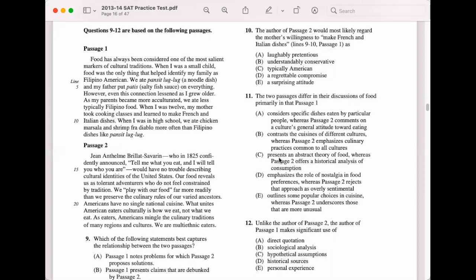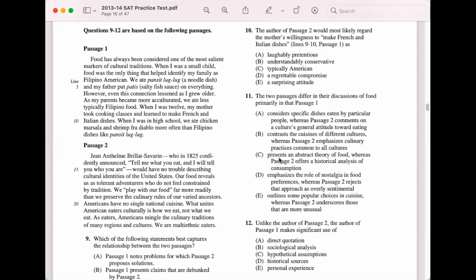Okay, so the first passage is kind of describing the changing cultural traditions within a family, an immigrant family, Filipino-American, as they become more acculturated, as they fit more and more into American society, as they become more and more acclimatized to the culture around them. So when the speaker was a small child, the food on the table was largely Filipino. He describes pancit lag-lag and the father putting patis on everything.